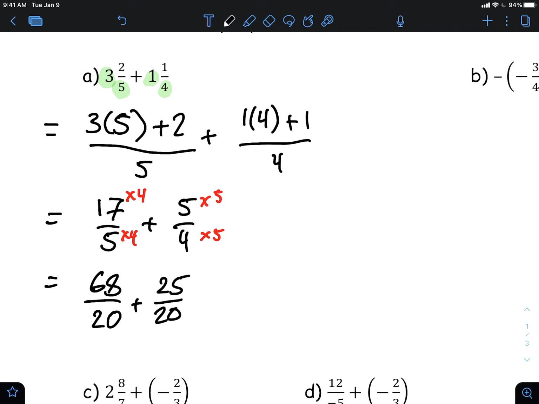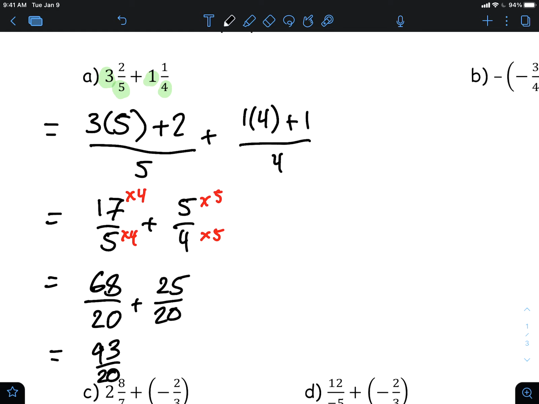Okay, and now what we do is we just add the numerators. So we want to find the sum of 68 and 25. Can anyone tell me what that is? Yep, 93, exactly right. So that gets us 93 over 20.